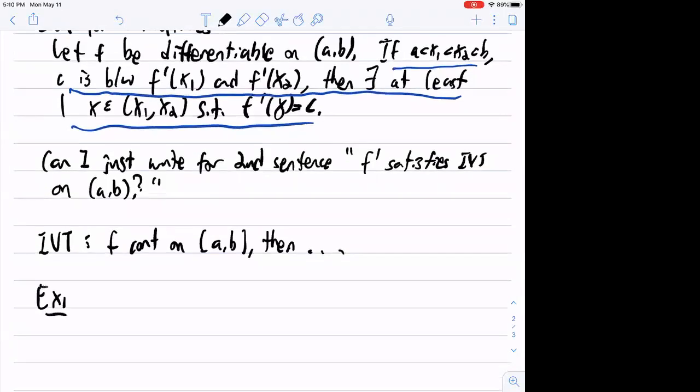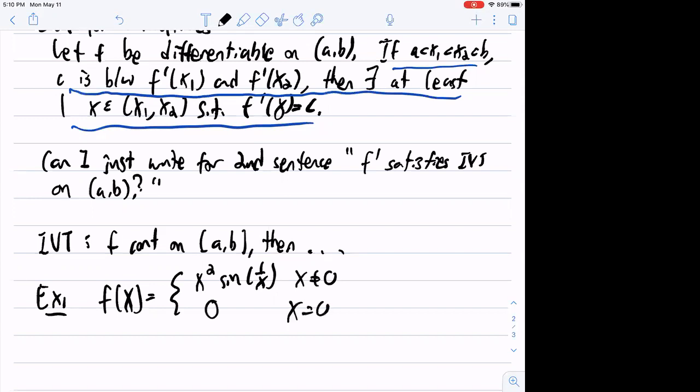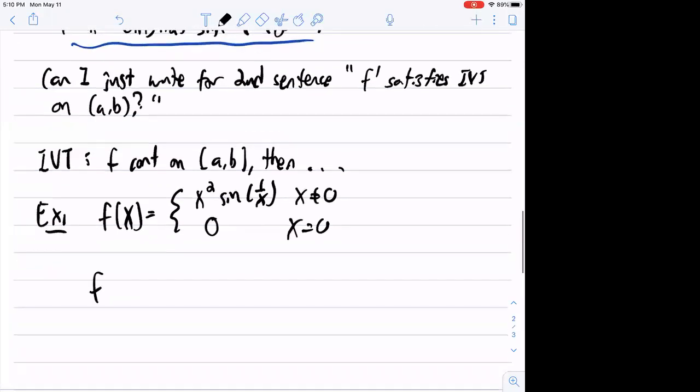For example, I'm sure you had something similar on homework: if f of x is x squared sine of 1 over x, you can check that at 0 the derivative exists and it's 0.